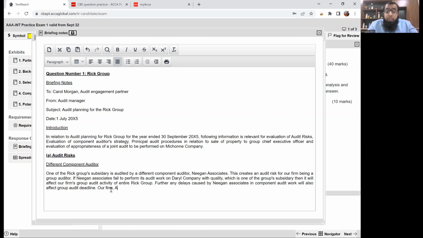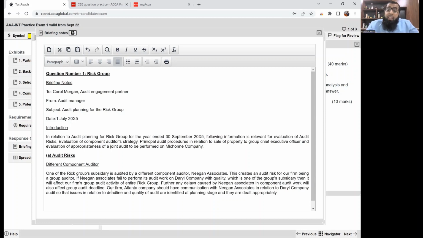Our firm, Atlanta Company, should have communication with Negan Associates in relation to the Darrell Company audit, so that issues in relation to deadline and quality of audit are identified at the planning stage and dealt with appropriately. Now, this is the new thing which the examiner wants.